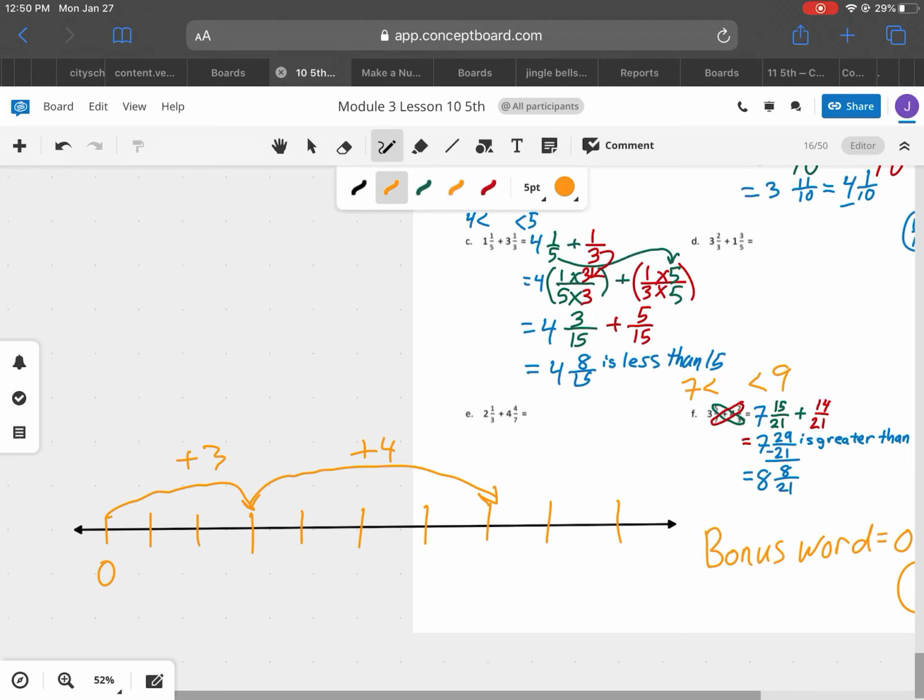Okay. And then I know that it has 15/21, which is more than half. It's hard to see this one, I know, but you get the idea. So my answer is going to be more than 7. Hopefully you see that.